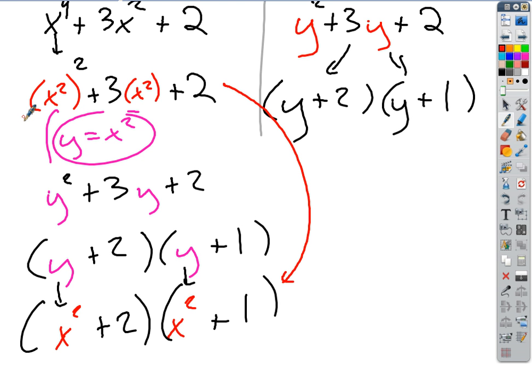How about this guy? What about that? Now that's a 4th degree polynomial, sure, but can I break that up so it looks like a quadratic pattern?